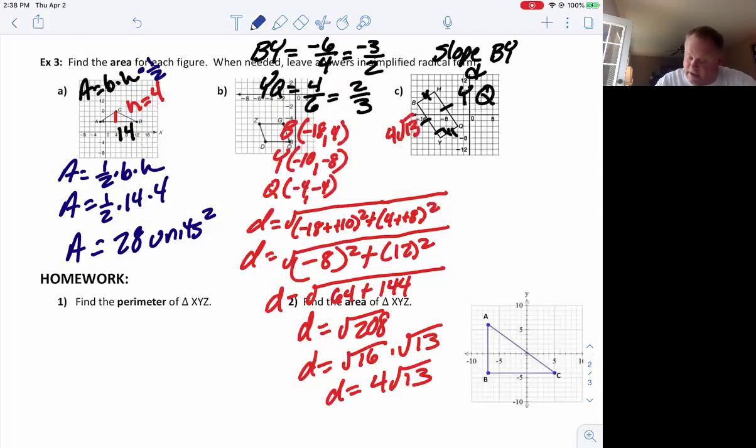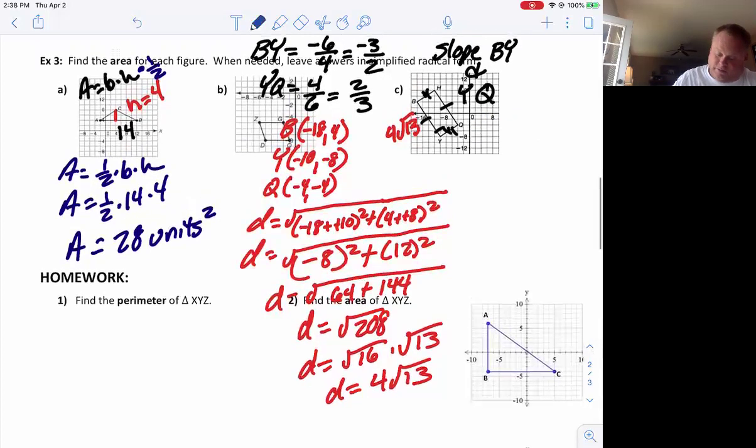So now I got to find the distance of Y to Q. So I'm going to do it right up here. Y to Q. So this is going to be a -10 minus a -4 squared. Oh, that's too, let's not do it up there. Let's bring it down here and do it right down here a little bit.